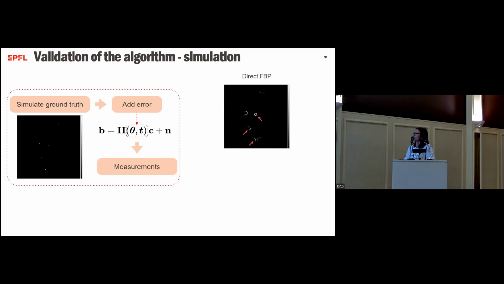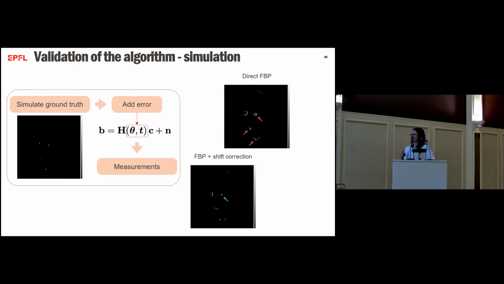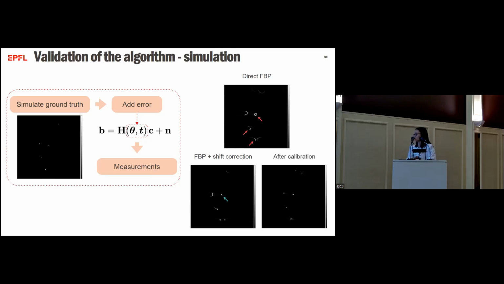When we apply direct FBP, as expected, we see these circles that are due to the shift and these wings that are due to the rotation angle errors. When we first do a shift correction using the method I mentioned before, we see the circle goes away, but we still have some other artifacts, the wings. And when we apply our calibration algorithm, then do reconstruction, we manage to remove all the artifacts.